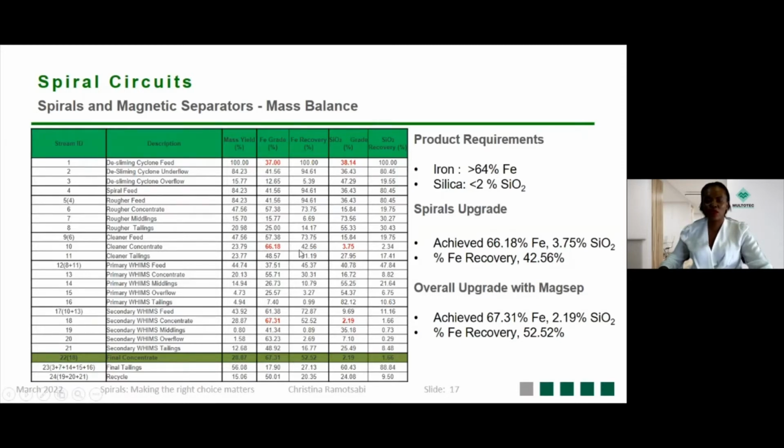On the cleaner concentrate, the recovery was sitting at 42%, but overall, incorporating the MagSep, the recovery improved to about 52%. So in conclusion, on this case study, it can be seen that the spirals can be paired with other technologies to successfully enhance the grade as well as improve the recovery of the overall circuit.